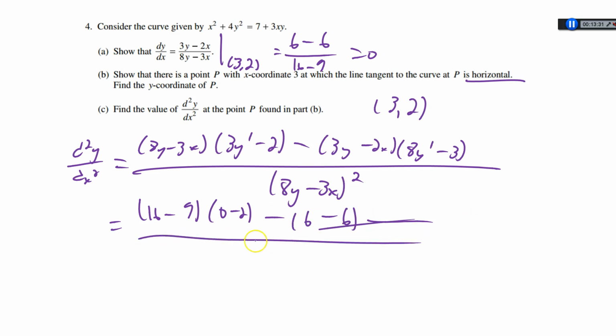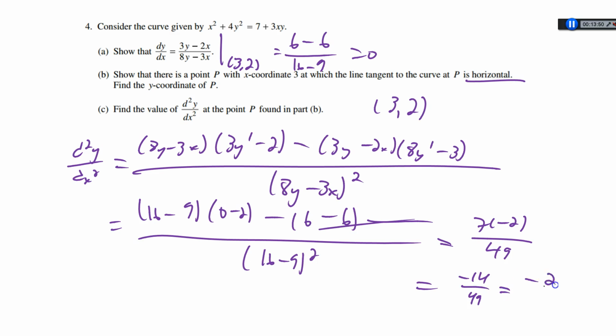All divided by 8y minus 3x squared. So that is 16 minus 9 squared. So this gives me 7 times negative 2, divided by 16 minus 9 is 7 squared. That's 49. That's negative 14 over 49. Divide them both by 7 if you really want to. Negative 2/7. Cool.